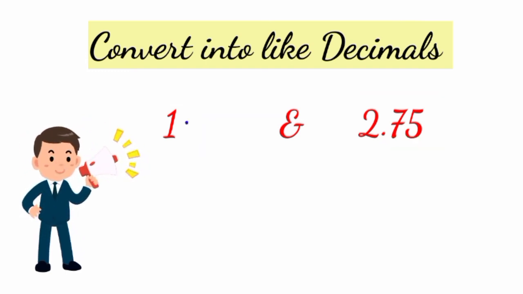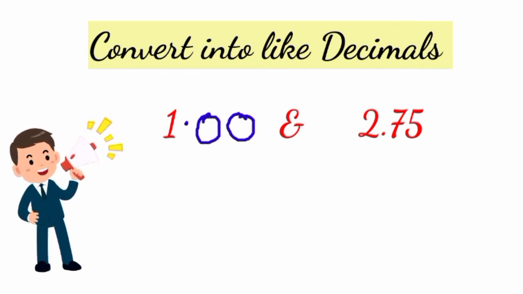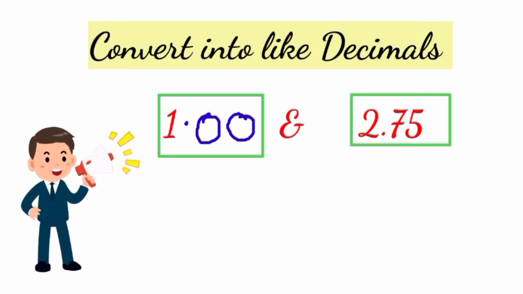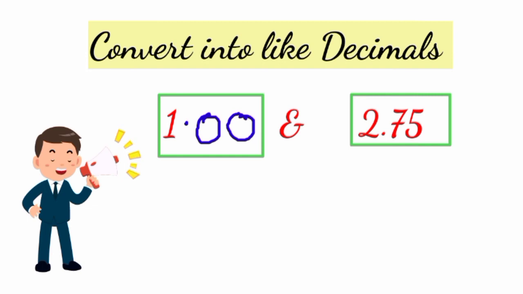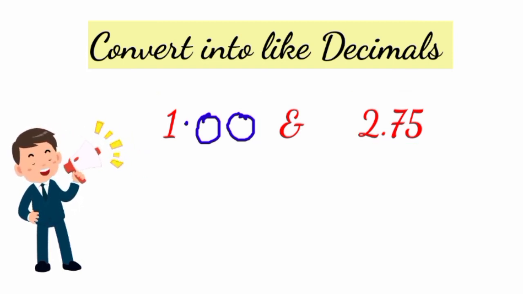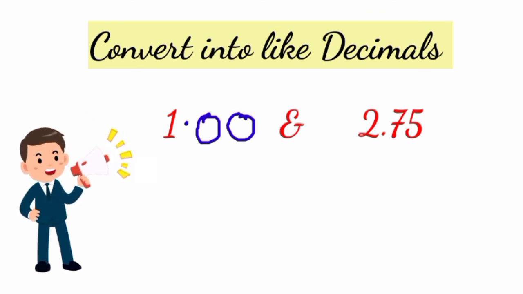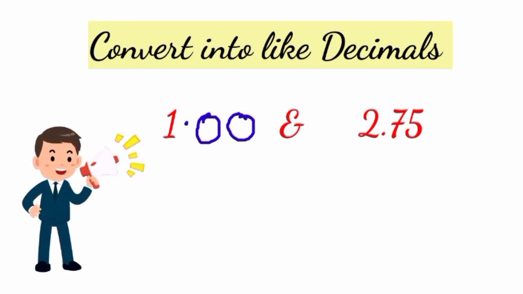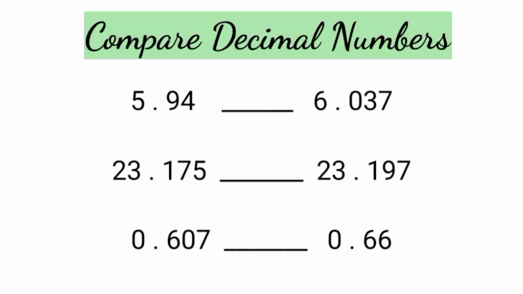We will put a decimal here, and after decimal we will put 2 zeros. Now both the numbers have the same decimal places. It means these numbers are like decimals now. Clear? This concept we will use while comparing, adding or subtracting decimal numbers.